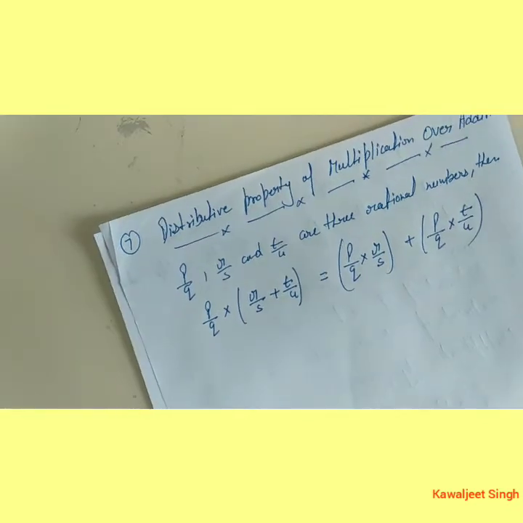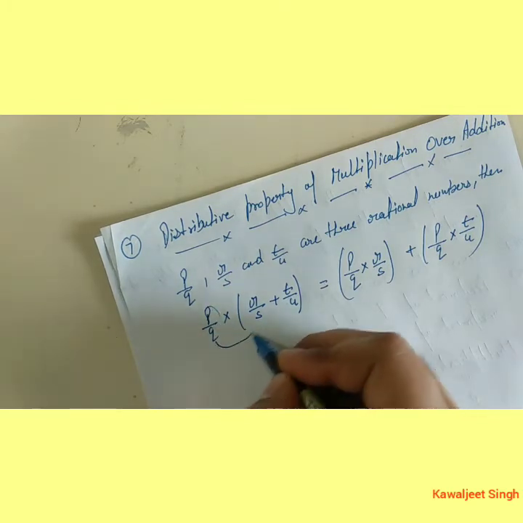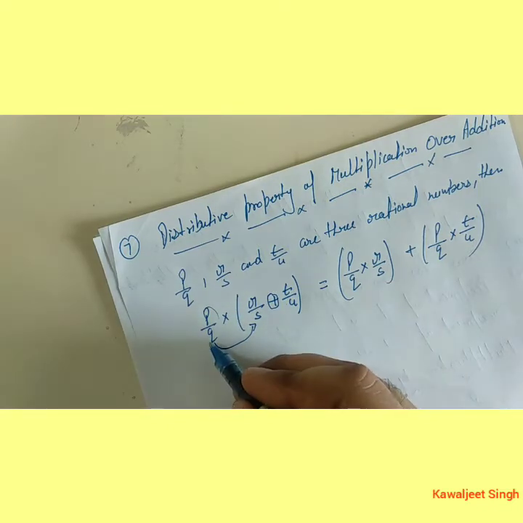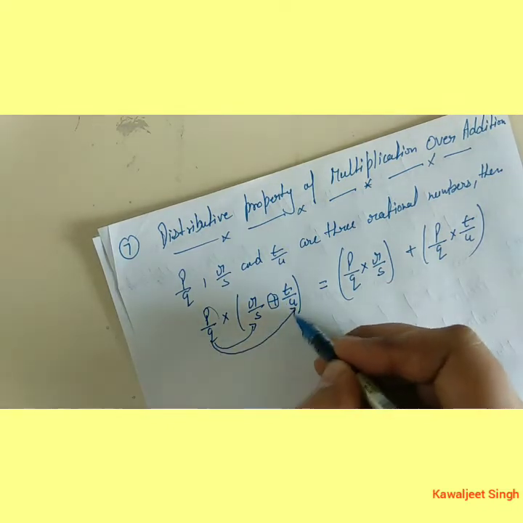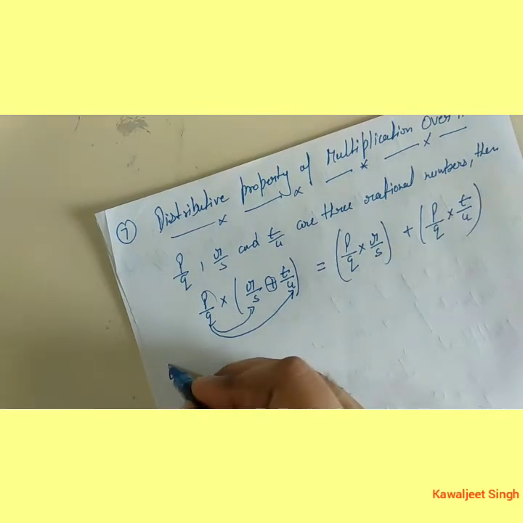For learning this property, here is a very simple method: first P by Q multiplied with R by S, then plus sign, and again P by Q is multiplied with T by U here. We can verify it with the help of an example.